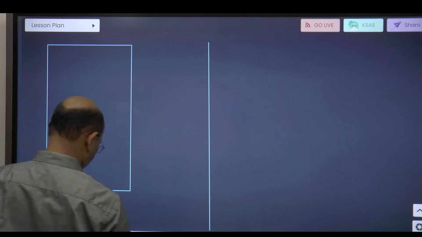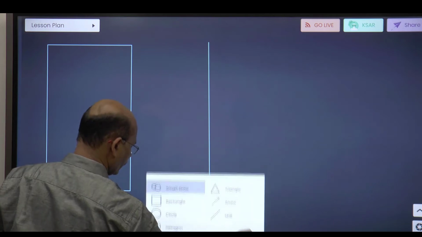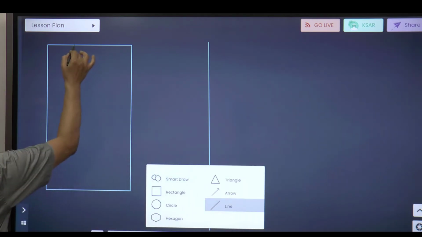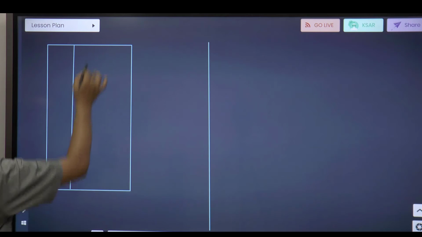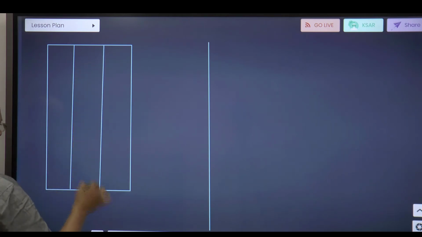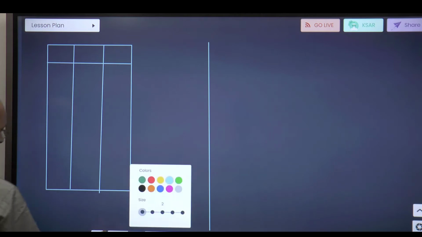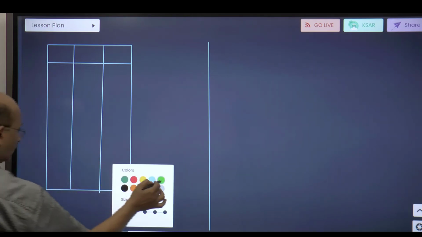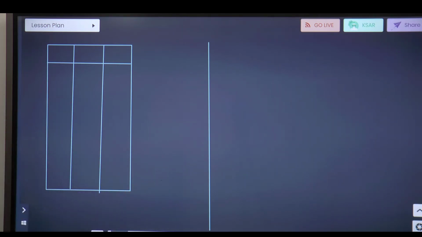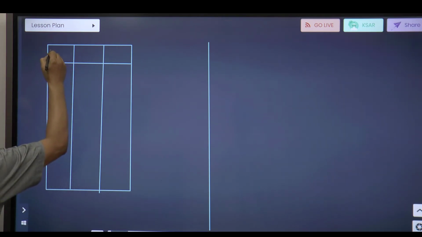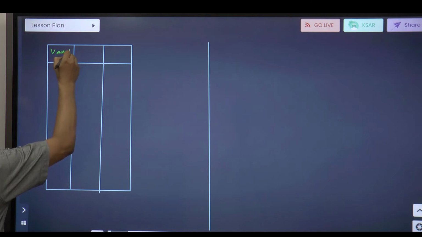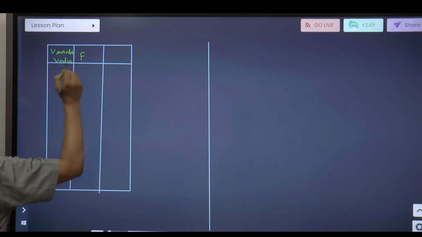Now, you know what they had given? They had given something like this: variable value and frequency, small f.